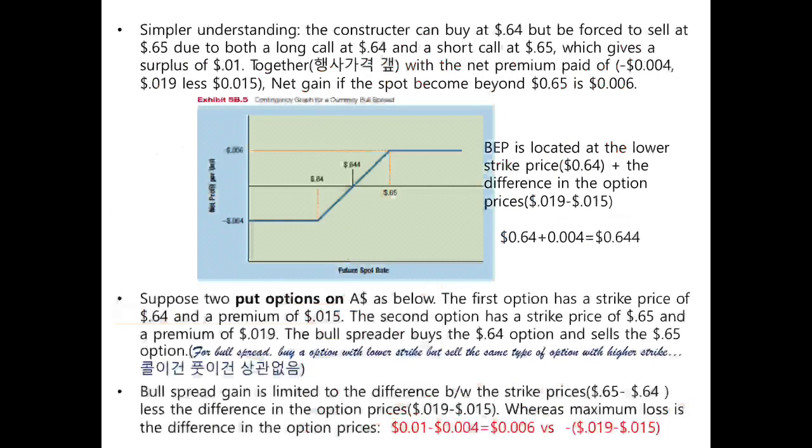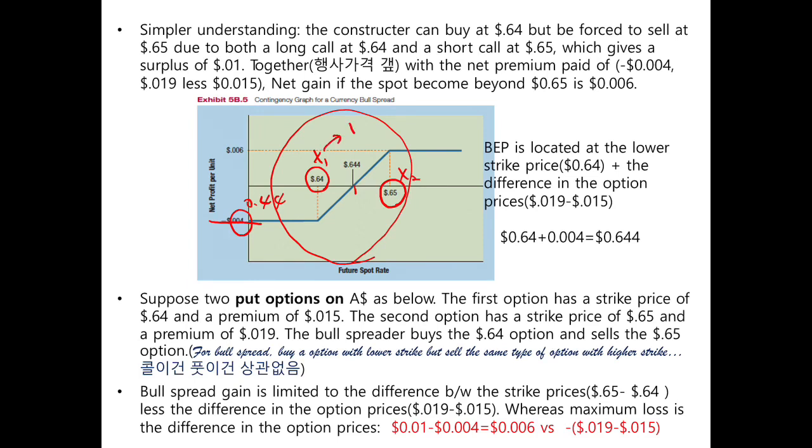The key thing is constructing this payoff. The key thing, break-even point, right? Think about these two: the first exercise price, and another exercise price. The minimum payoff is minus 0.4 cents. Why? Because you bought this call option, it cost 1.9 cents.